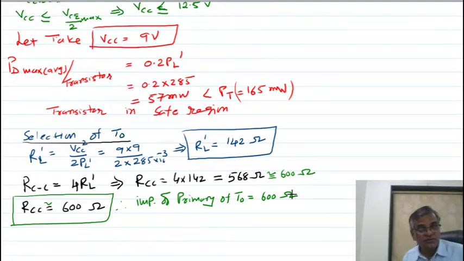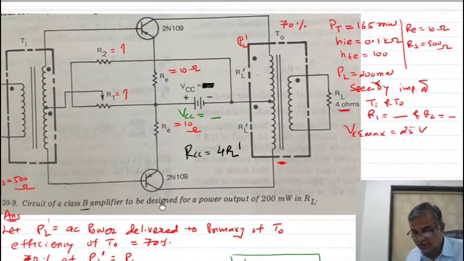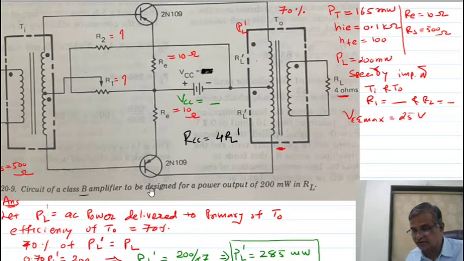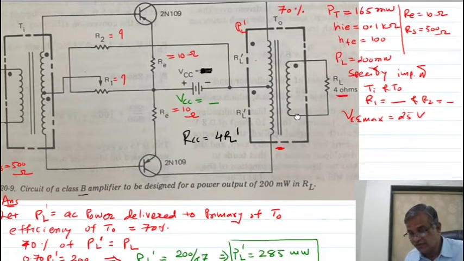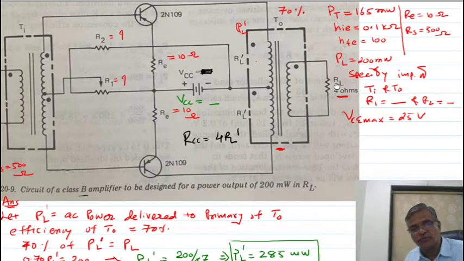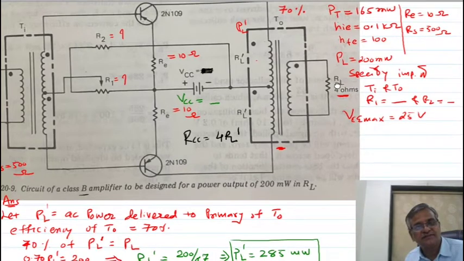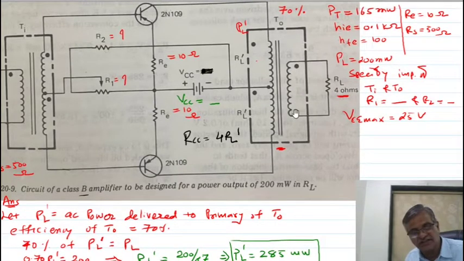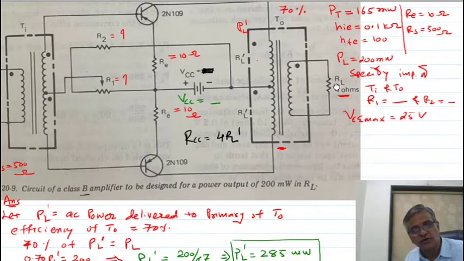Now secondary impedance. You know that according to the maximum power transfer theorem, the impedance of the secondary should be of the order of load RL. Impedance of the secondary should be of the order of load RL.